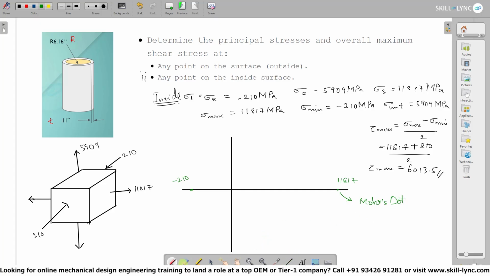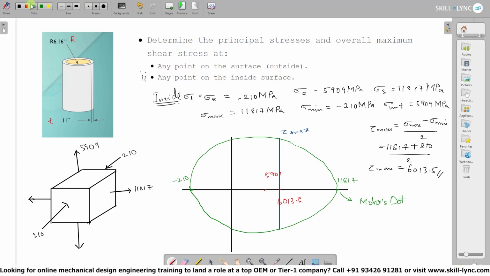If we draw a circle, it's going to be the biggest circle. Now we know the value for tau max and the intermediate point. We'll quickly plot the intermediate point, which is 5909, and our tau max will be 6013.5. So this will be our tau max value.